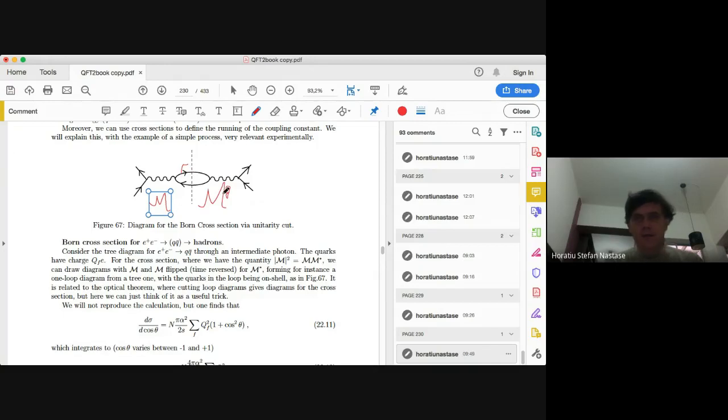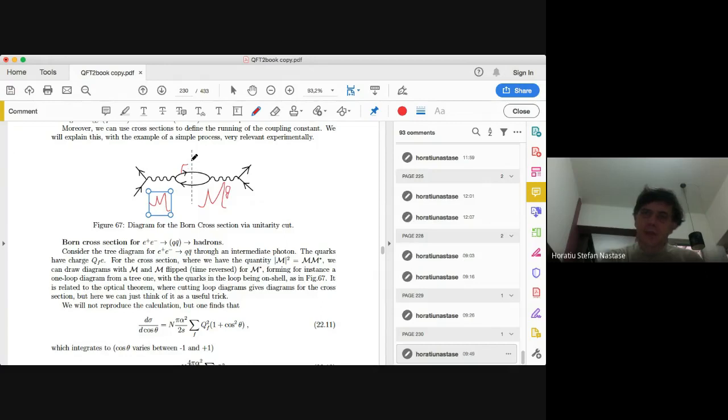Now, the cross section comes from M M star. So I write this diagram M for what we want, and then M star, which is the time reversed one, and when we glue them together, we get this cut diagram. But what does this cut diagram do now?